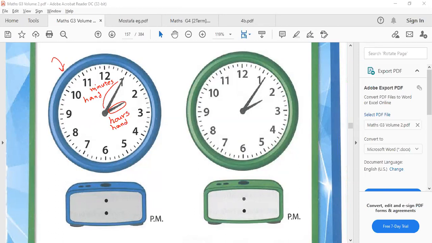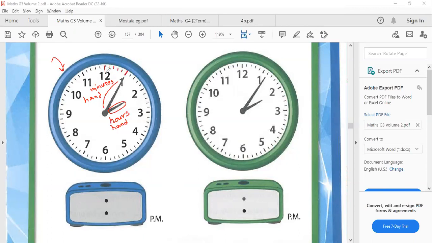Okay, to say the time, you have two steps. First, you need to know that we have marks like this, small marks and bold marks.